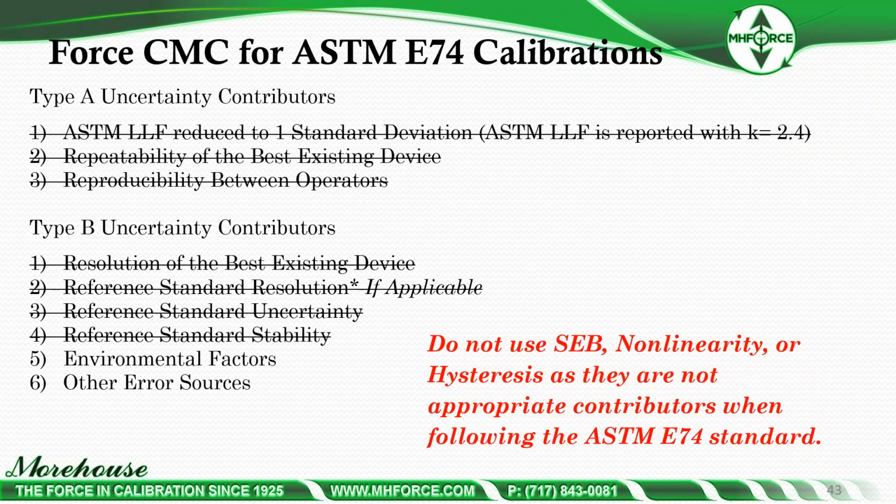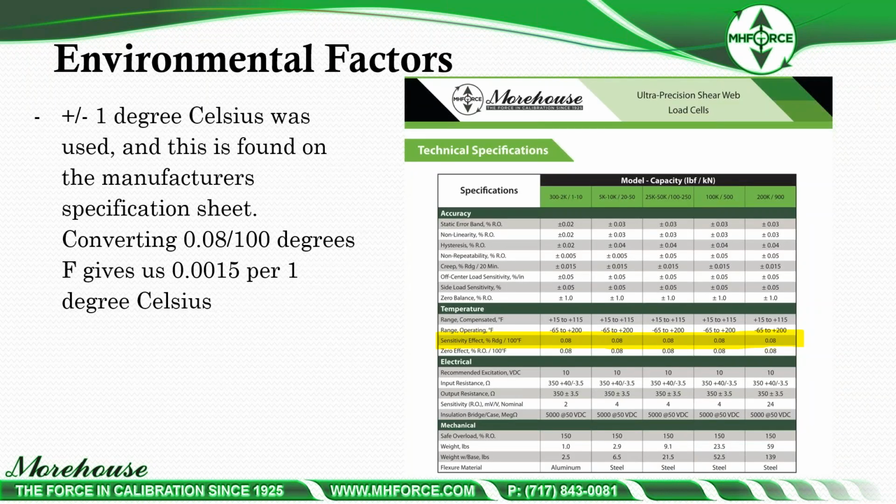Then we have environmental factors. Usually this is temperature on a load cell sheet if you're using a temperature other than what it was calibrated at. Our lab varies plus or minus 1 degree. Most force labs that I know, most people I talk to, are controlling the temperature fairly well. 1 degree Celsius is achievable, and you can find that on the manufacturer's spec sheet.